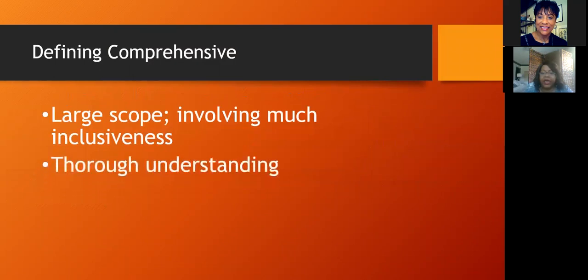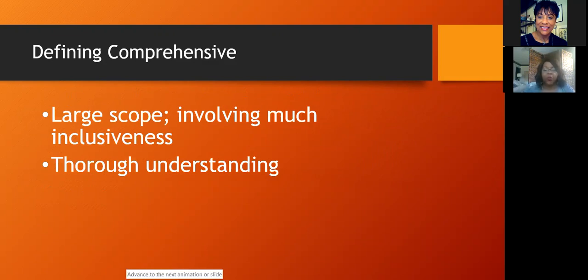It is having a thorough understanding and an exclusive mental grasp of a subject. And so the word comprehensive is involved and inclusive.